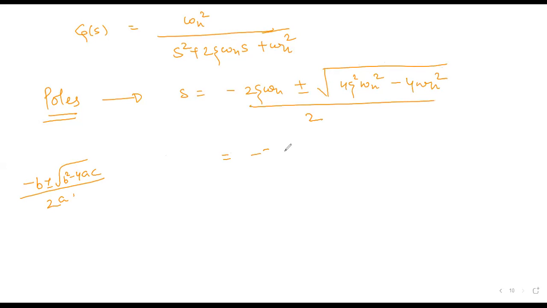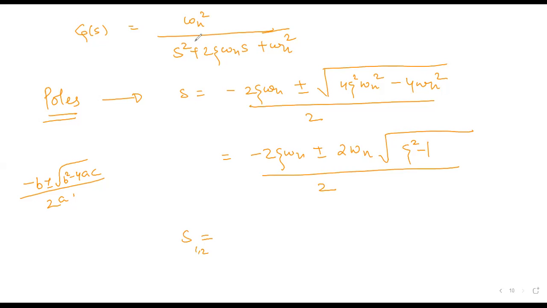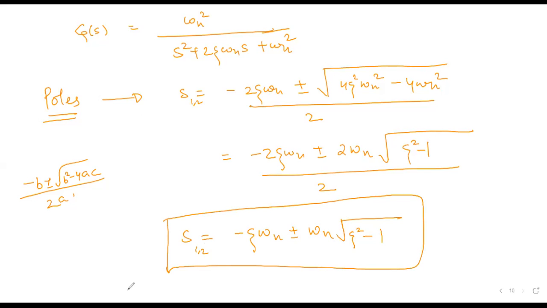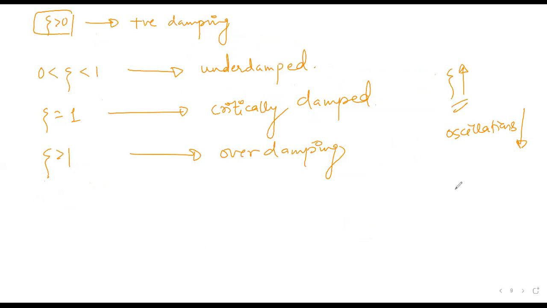Take 4 omega n square common, and when you take the under root, you have 2 omega n under root zeta square minus 1 upon 2. Since the order is 2, you will have 2 poles: minus zeta omega n plus minus omega n under root zeta square minus 1.